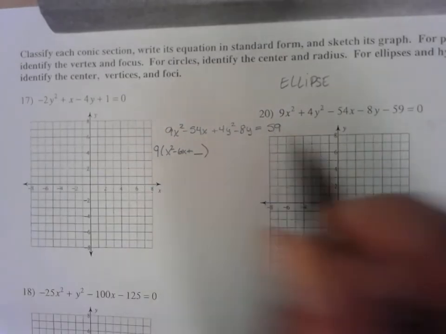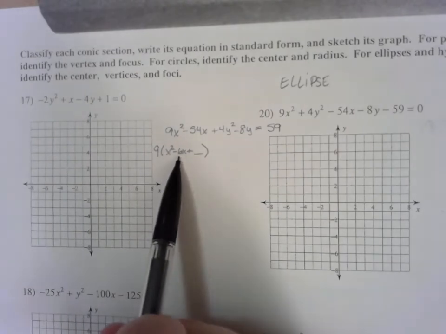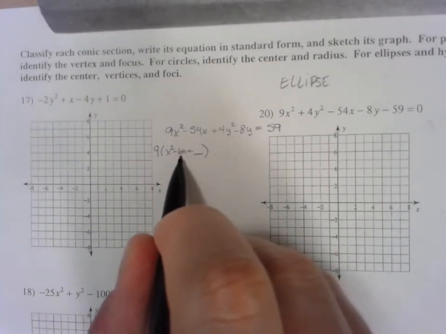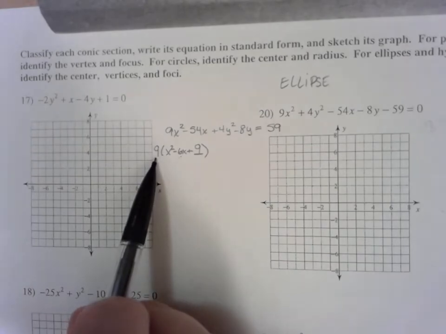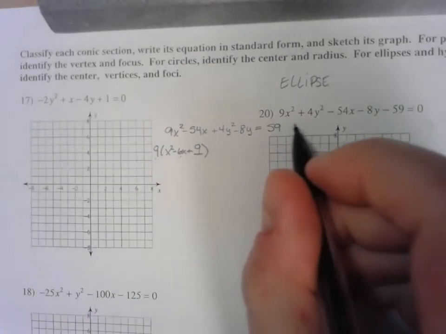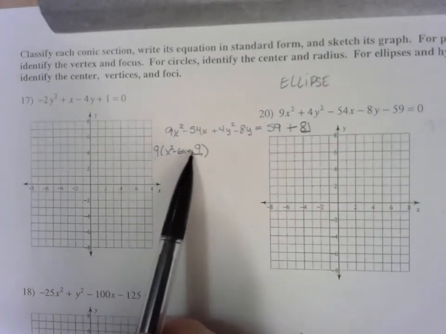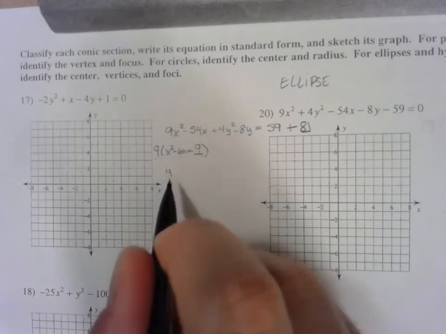I'm going to remember that I have a 59 on the other side of the equal sign. If I divide this by 2, square it, and add that number to both sides. If I divide by 2, I get negative 3. Negative 3 squared is 9. What I'm going to do is add 81 on the right hand side to offset the 9 nines I added. Next, let's complete the square for the y's.